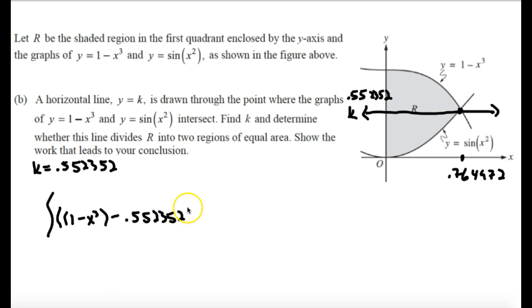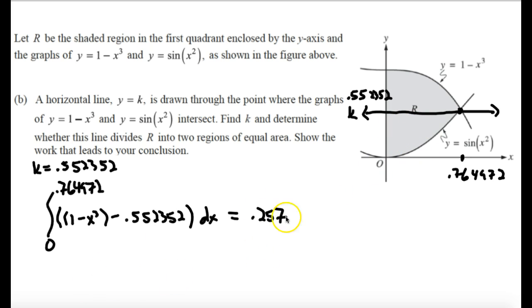That'll be the area of this piece right here, and my limits of integration will still be 0 to 0.764972. So put this in the calculator, and we get 0.257.